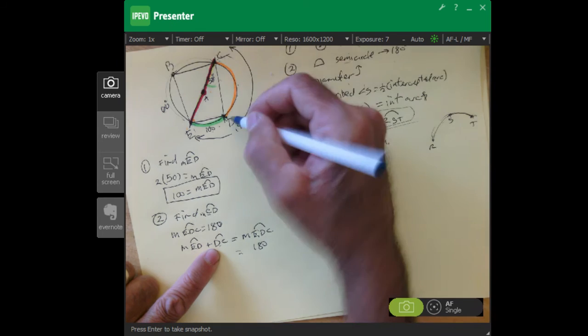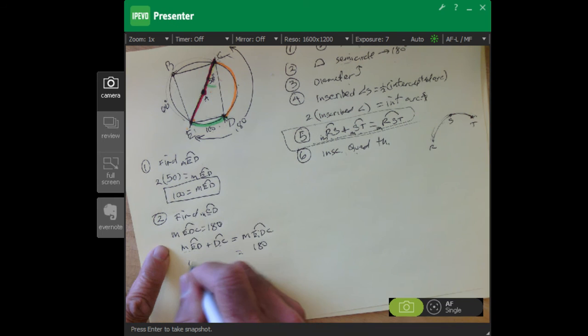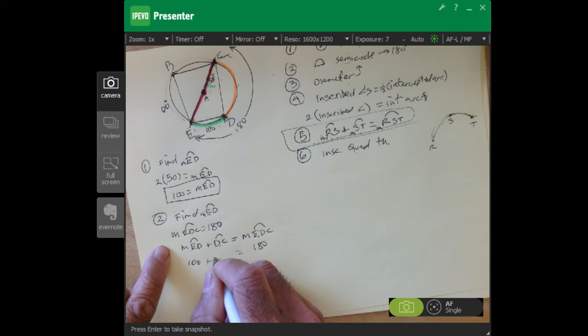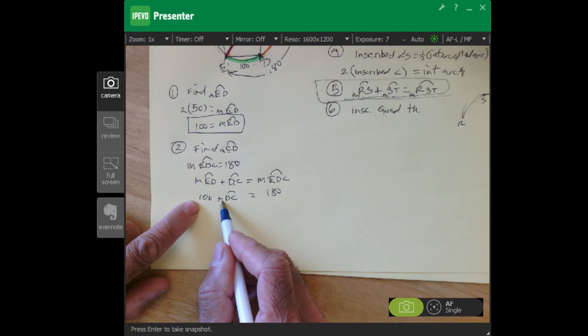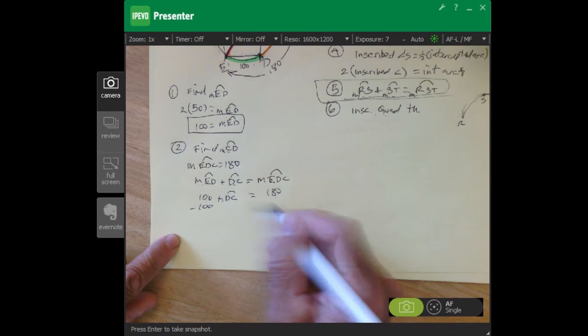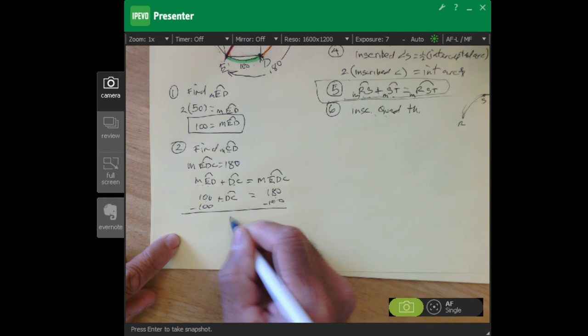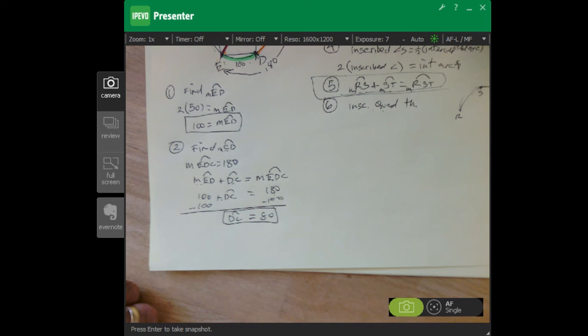What's the measure of DC? Well, we don't know at this point. What's the measure of ED? 100. Okay, so 100 plus this number, whatever it is, has to be 180. Well, what is it? There's the answer.